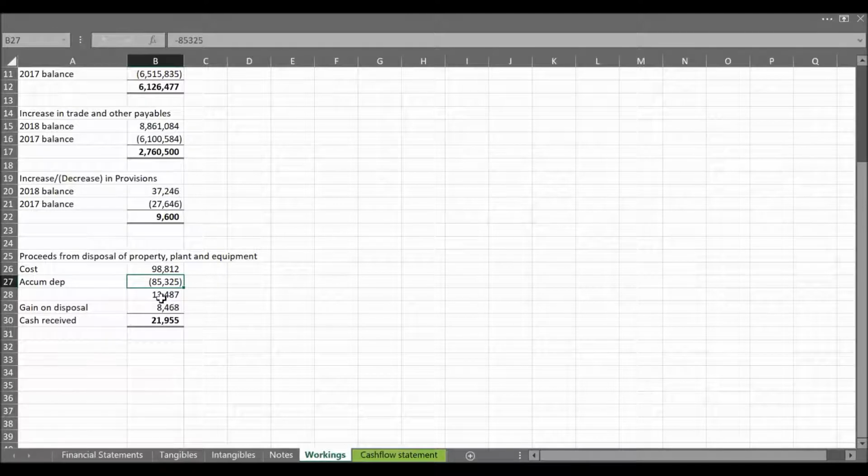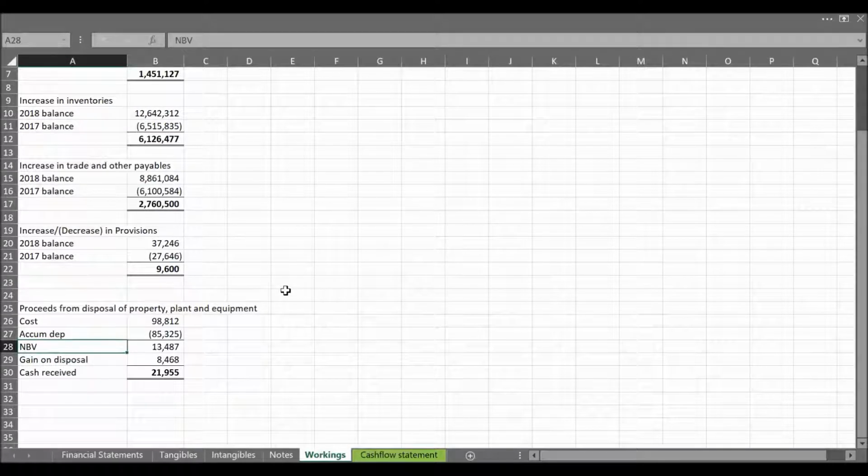And note that this is the net of the two, which is the net book value, NBV. Note that we had a gain on our disposal, which was gotten from other income, 8,464. So we add the gain back to the NBV to give us the cash that was received on the disposal.